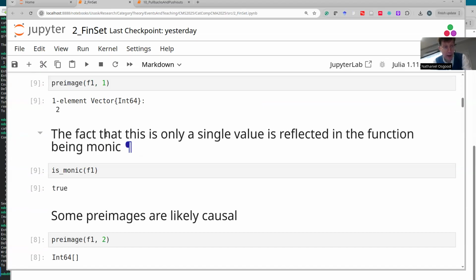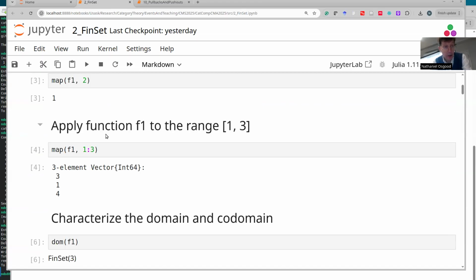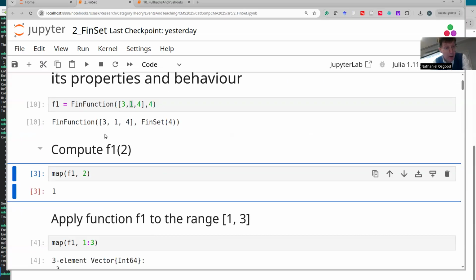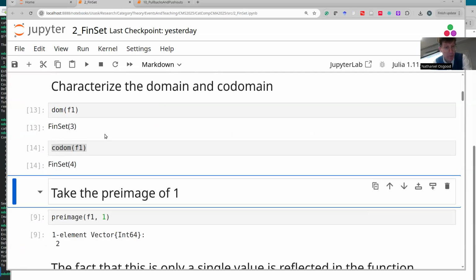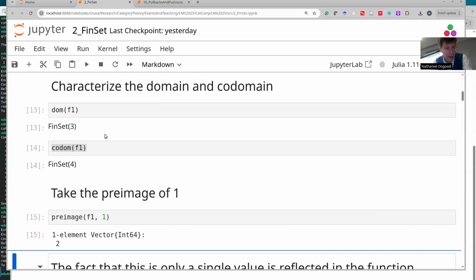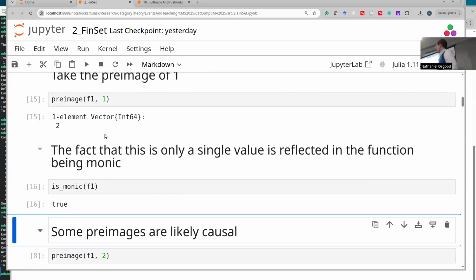We could ask, is this what's called a monic function? Or another word for that, is it monomorphic? Meaning, for the context of sets and functions, is this injective? That's what it corresponds to. And the answer is true.